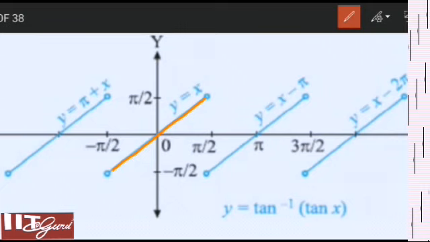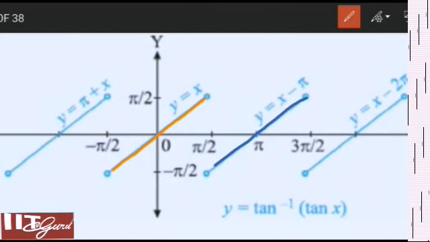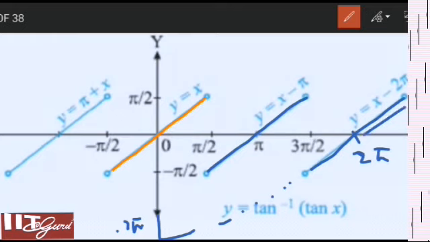So y equal to x minus pi, and this is also x minus 2 pi, because if you extend this line, it intersects the y-axis at minus 2 pi. So you can say y equal to mx plus c type structure, so y equal to x minus 2 pi. If you extend this other line, it intercepts the y-axis at pi, so y equal to pi plus x. Let me go into detail on tan inverse tan x to draw the graph.